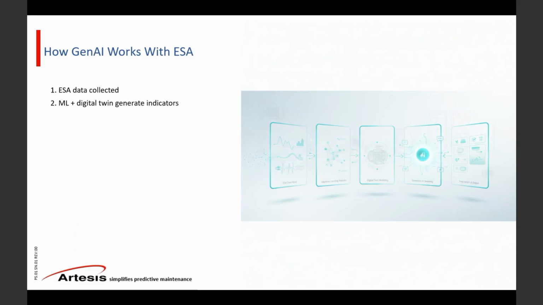And then with the help of machine learning and digital layers, the raw signal, which is high frequency sampled waveform data, is converted into fault patterns, progression rates, confidence scores, and basically structured evidence or indicators. And then those indicators are fed into the generative AI layer.